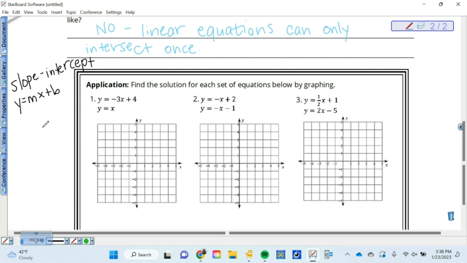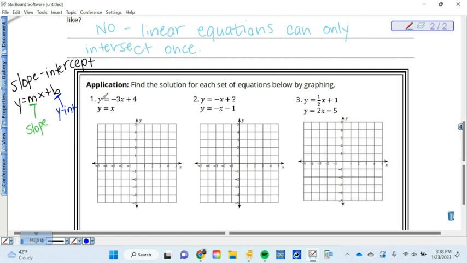What is the m? Slope. What is the b? Y-intercept. Good. So if I'm given an equation in slope-intercept form, how do I graph it?